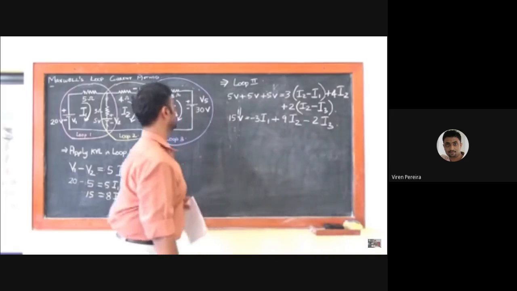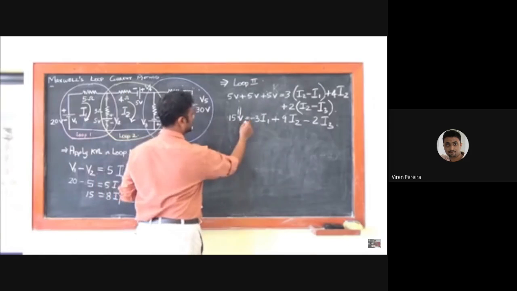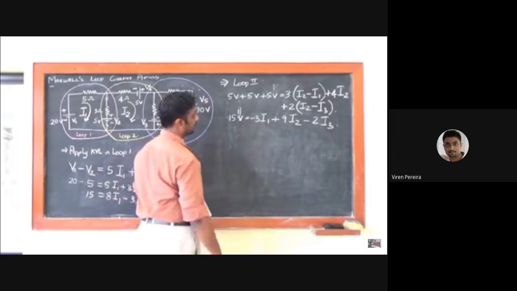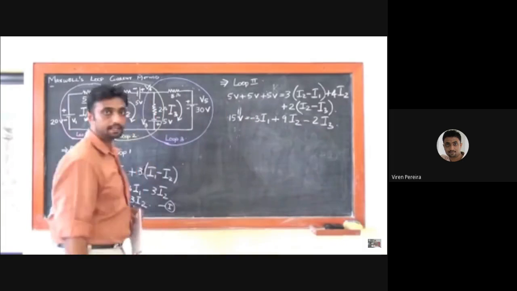So this will be the final equation. So we have 15 volts equals to minus 3 I1 plus 9 I2 minus 2 I2.